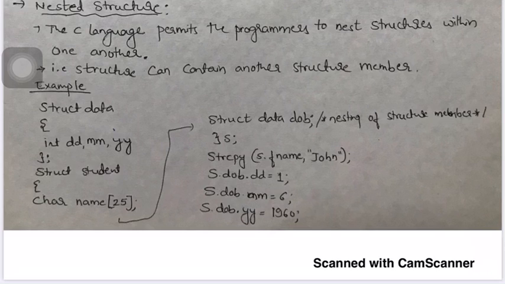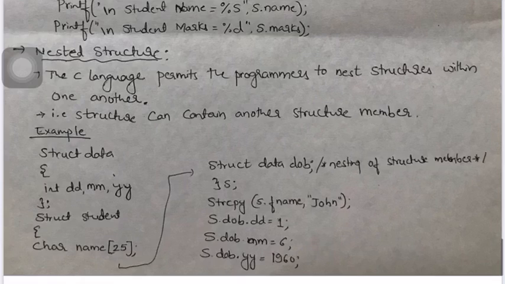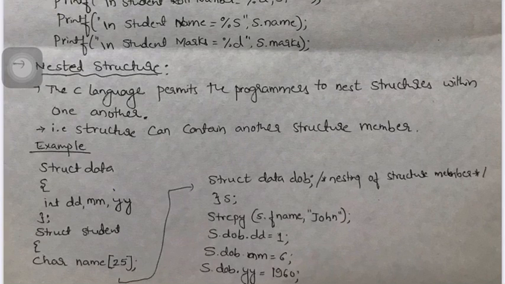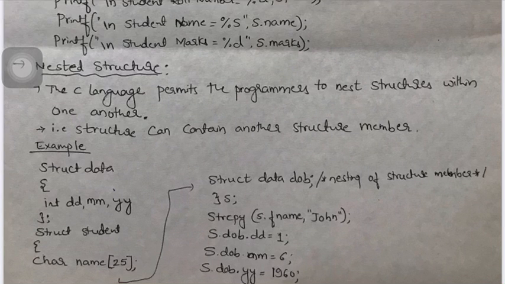Then s dot date of birth dot mm is the month, and s dot date of birth dot yy is 1960, this is the year. So this is the example of having one structure inside the other. One structure can contain another structure member within it.